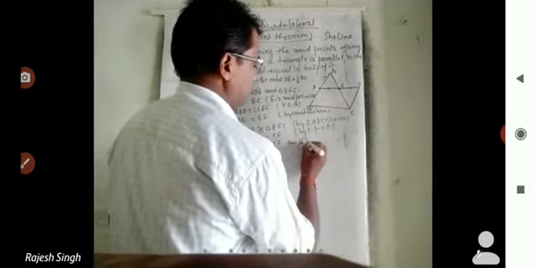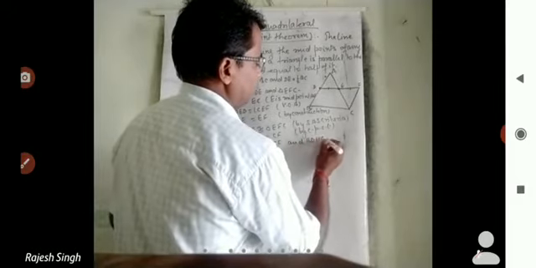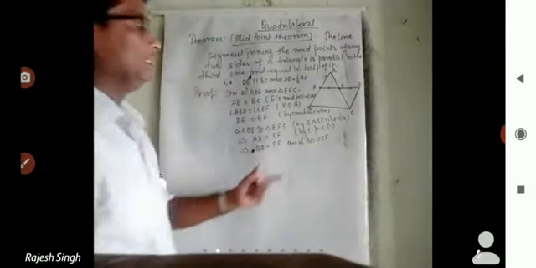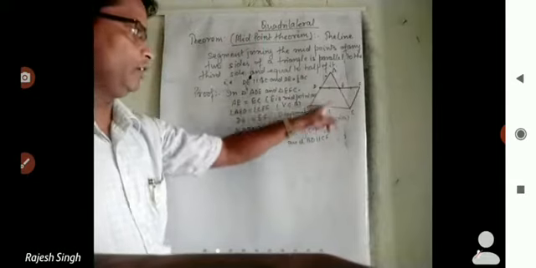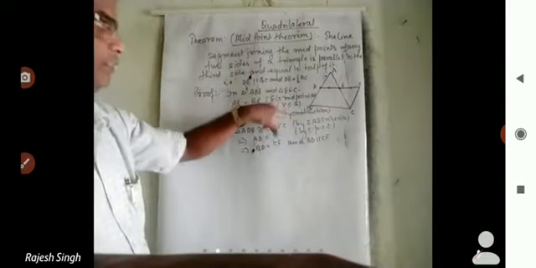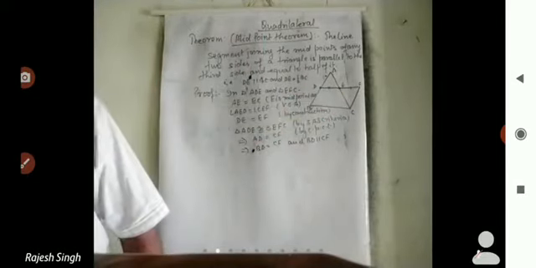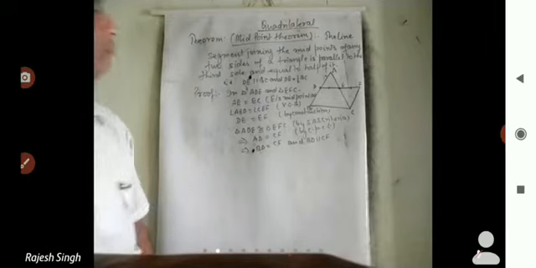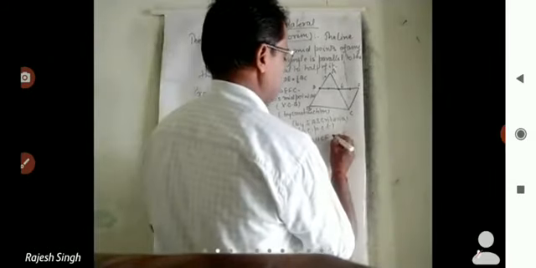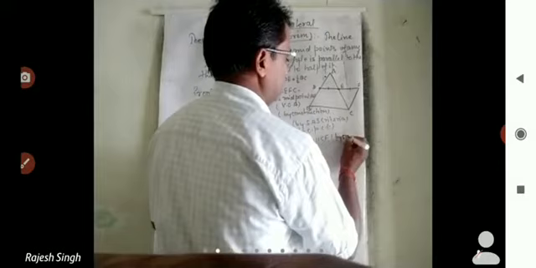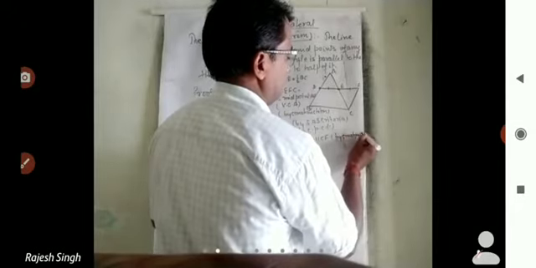This is by construction, CF is parallel to AB, by construction CF is parallel to BD. I will write here by construction.